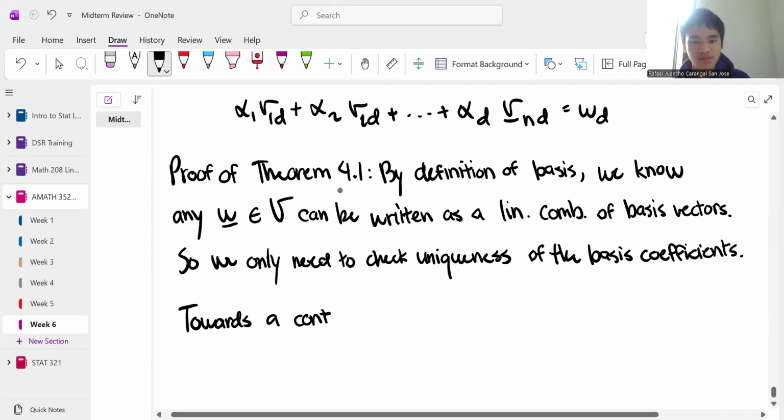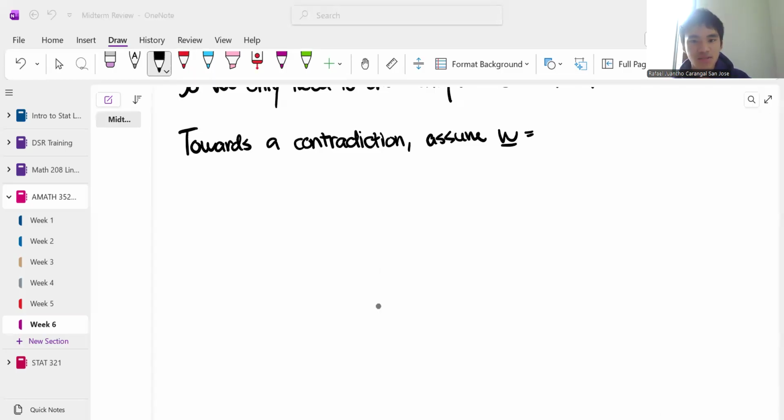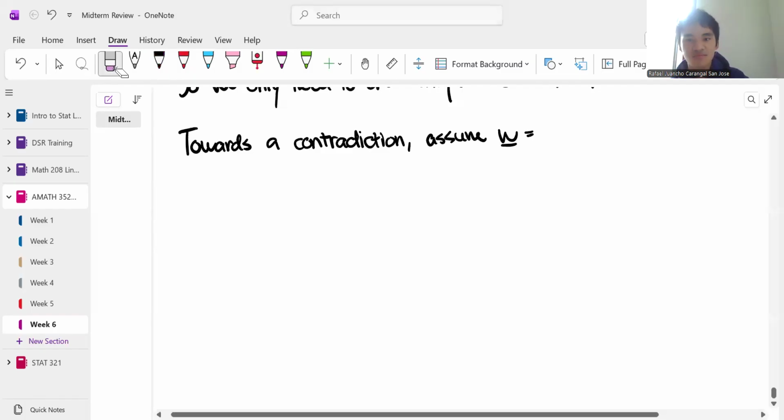Towards a contradiction, we assume that W can be written using two sets of basis coefficients.